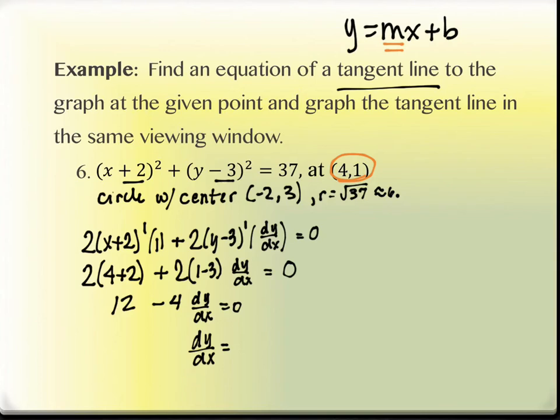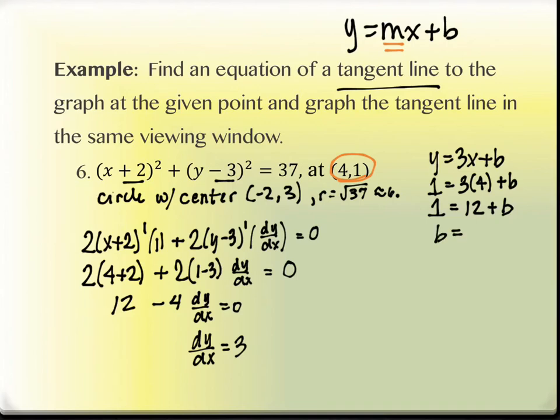Move the 12, divide by negative 4. I'm going to get a 3. So my slope's 3. So equation of tangent line, y equals 3x plus b. Y is 1. X is 4. Or you can use the point slope form if you prefer it. So 1 equals 12 plus b. So what is b? Negative 11, right?